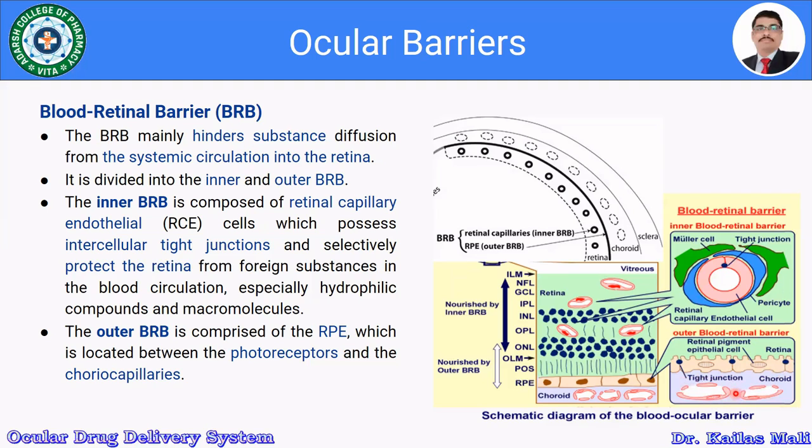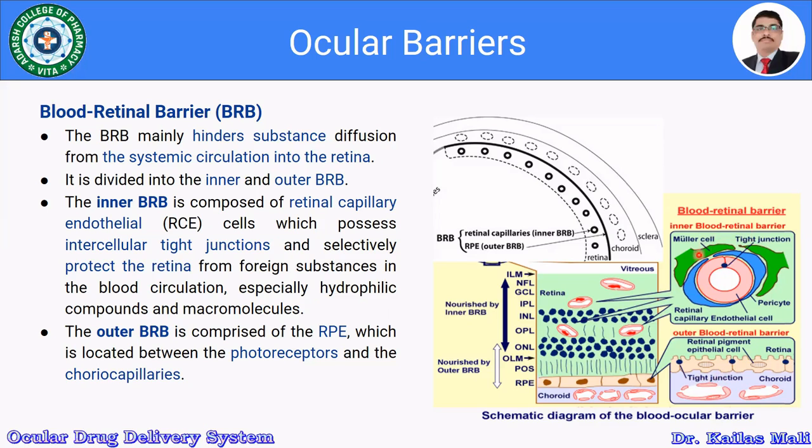So the blood retinal barrier mainly hinders substance diffusion from systemic circulation into the retina. It is divided into the inner blood retinal barrier and the outer blood retinal barrier.